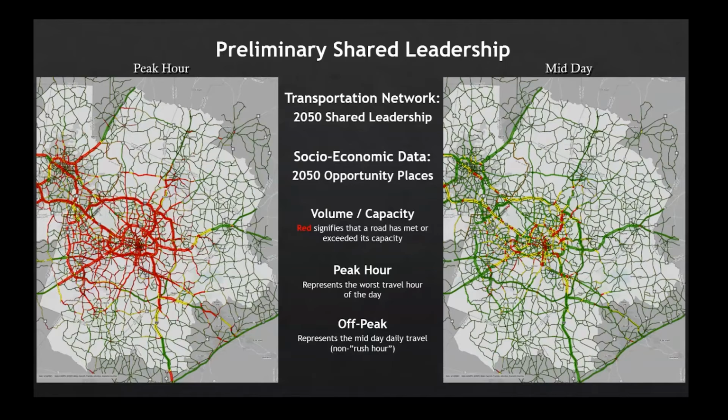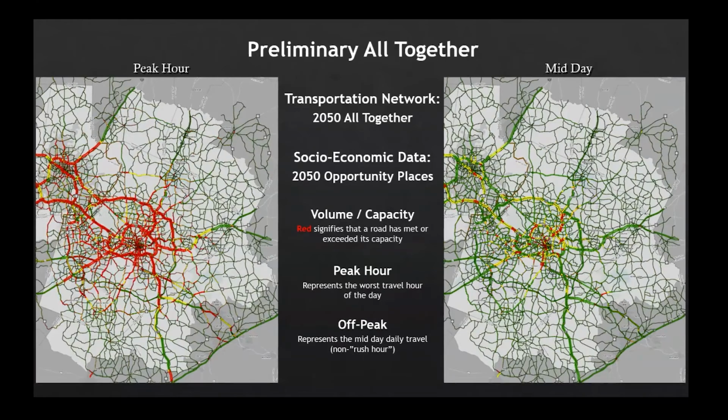And then go forward one more, please, Bonnie. This is that all together scenario. So again, this is with that more aspirational land use that is building up some density around our transit stations. This scenario also includes additional investment into transit in the Campo area and in the DCHC area. It includes some additional investment into the secondary road network.